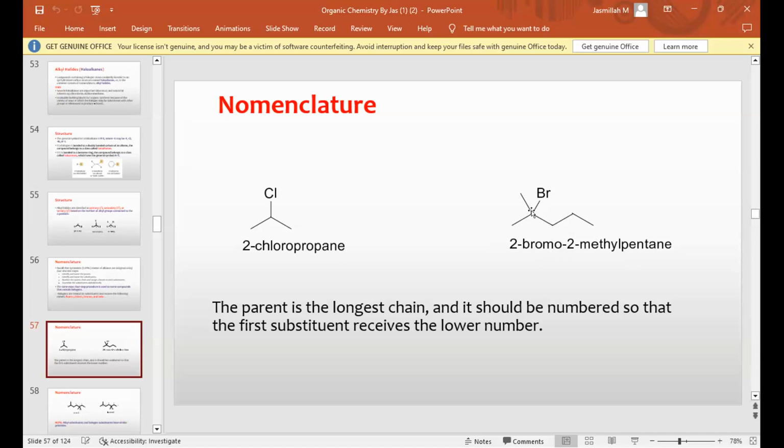Whichever end we count from, the methyl and bromine are still on carbon number 2. So counting 1, 2, 3, 4, 5, pentane, 2-bromo, and the methyl group is also on carbon 2.